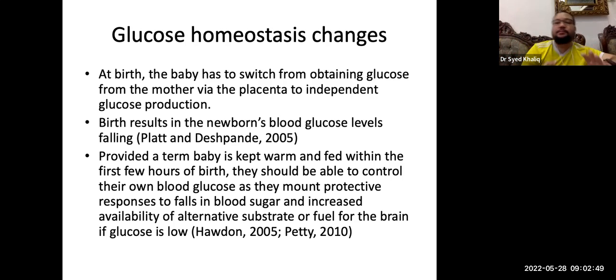Another element is, okay, for example, if a mother is known to be diabetic, what happens in a diabetic mother? Usually what happens? Usually when the mother eats something, when we eat, our glucose level starts to shoot up, and then our pancreas starts to produce insulin.